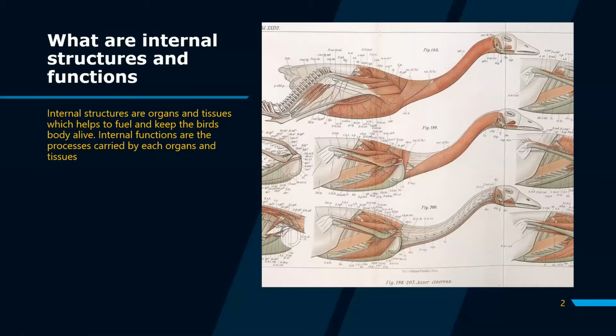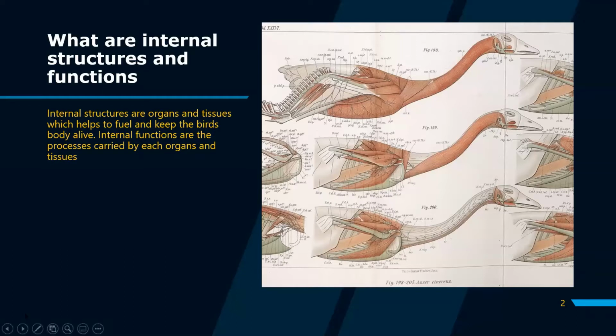Internal structures are organs, tissues, and systems working in collaboration to fuel and keep the body running throughout its life. Internal functions are the processes carried out by each system and organ to do so.